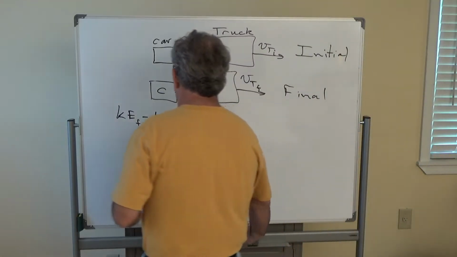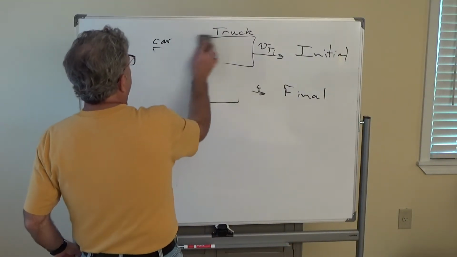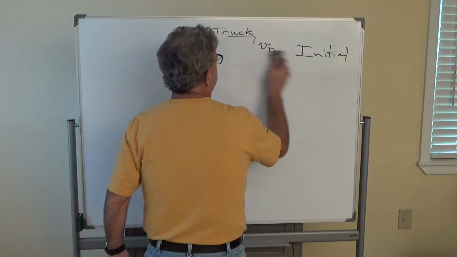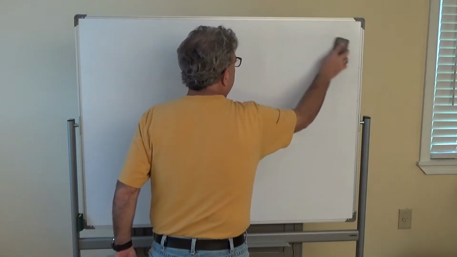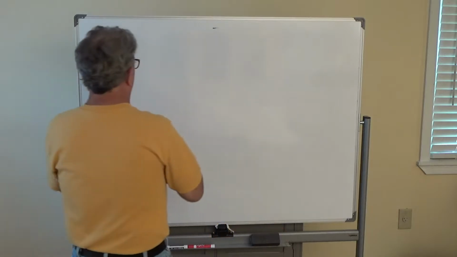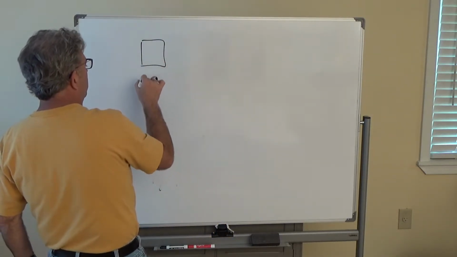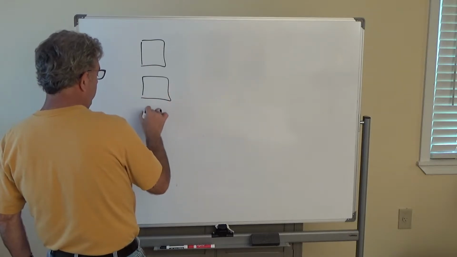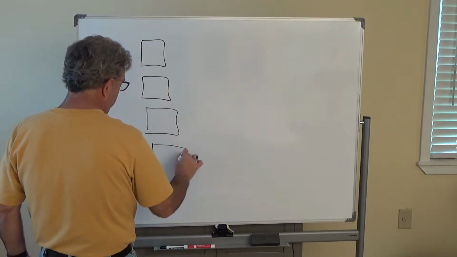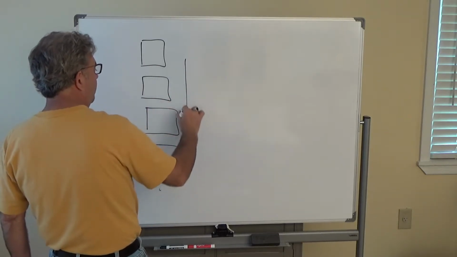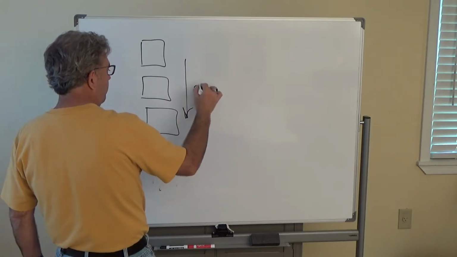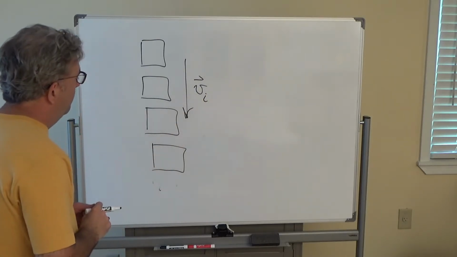So, let's look at initial. So 1, 2, 3, 4. They're all moving at the same velocity, south. Okay?